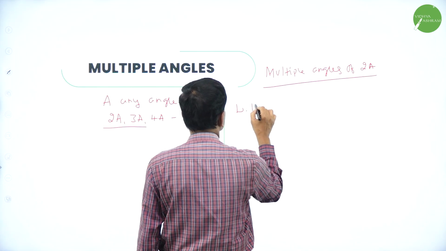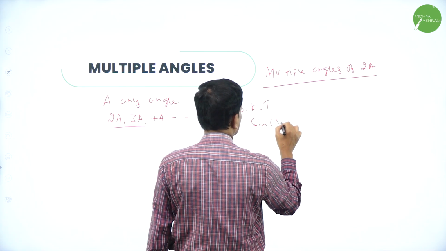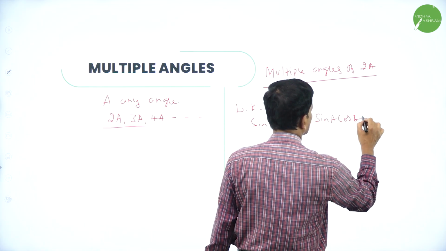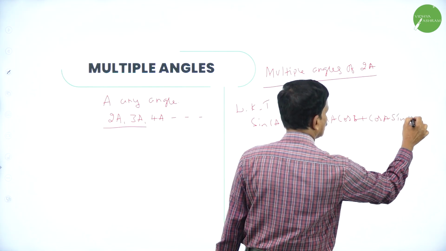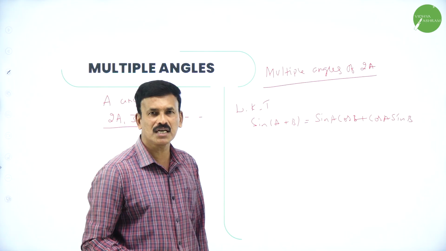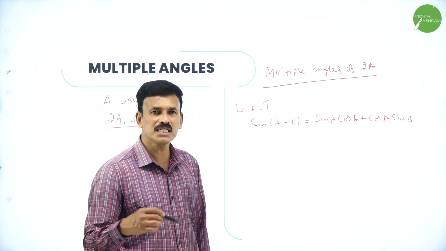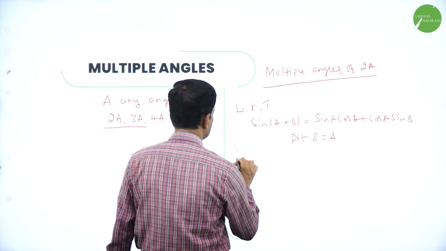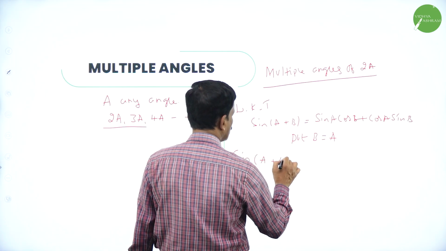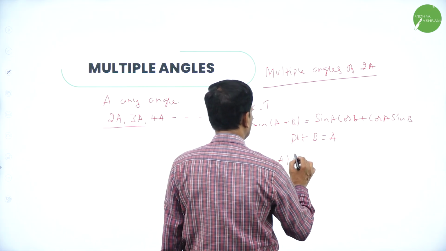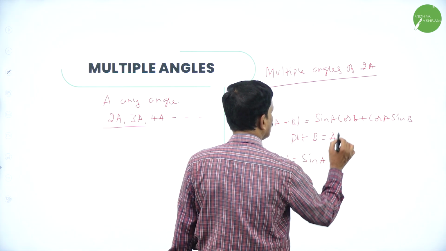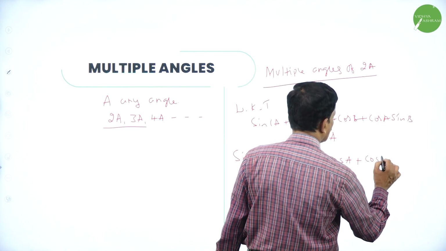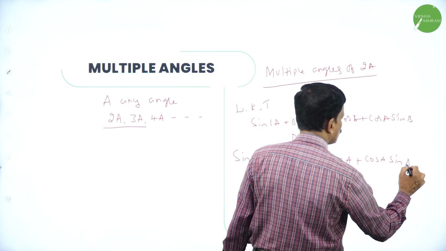We know that sin A plus B is equal to sin A cos B plus cos A sin B. Just replace B by A. If you put B is equal to A, this reduces to sin of A plus A is equal to sin A cos A plus cos A sin A, where B is replaced by A.